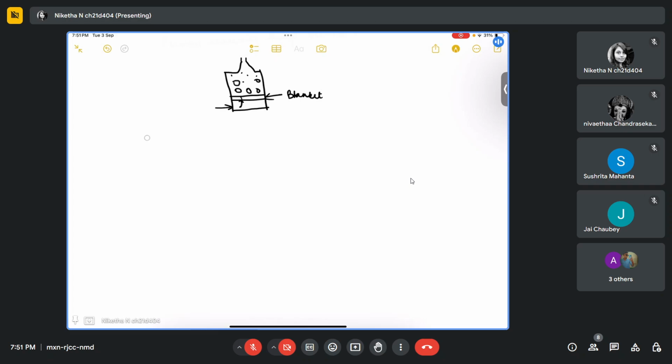Okay, then we have, we were discussing attached growth processes, and there can be different types of attached growth processes. One of them is the trickling filter. The other one is the rotating biological contactor.